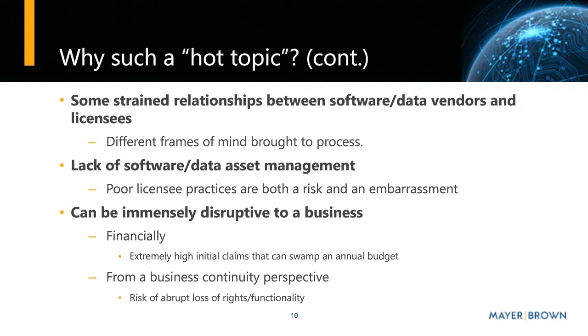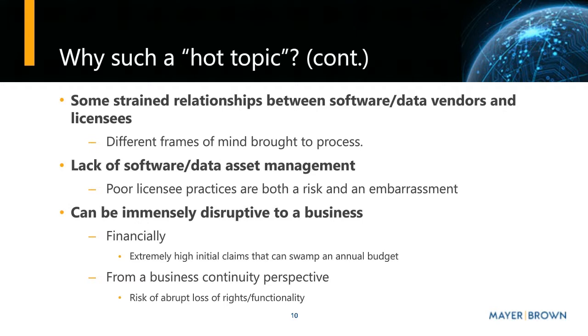And from a client's perspective, it can be immensely disruptive financially, because the initial claims are potentially very high. Usually the software is bought at approximately 70–80% discount, but the contract is not very clear on which price can be asked in the event of non-compliance, or when additional licenses need to be bought.